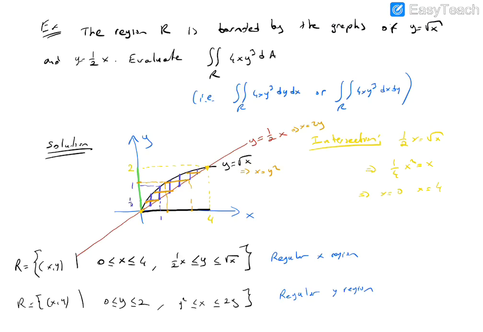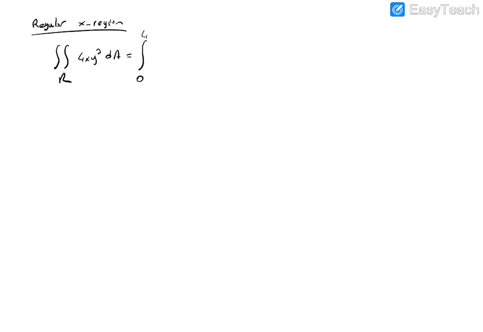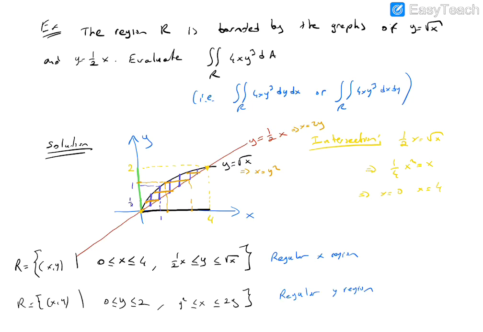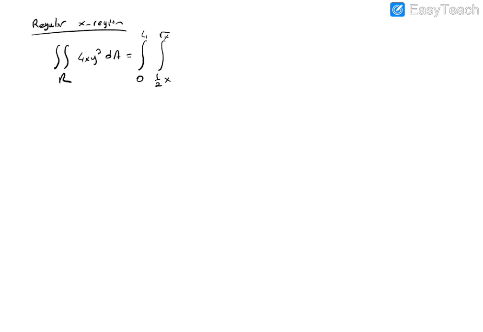So for the regular x region, the double integral on the region R of 4xy cubed dA equals: x changes from 0 to 4, y changes from 1 over 2x to square root of x, 4xy cubed.